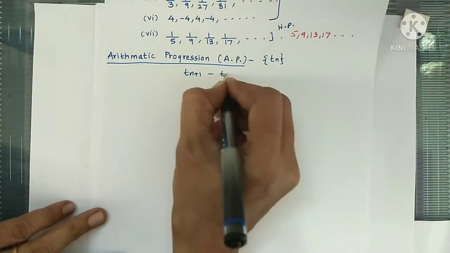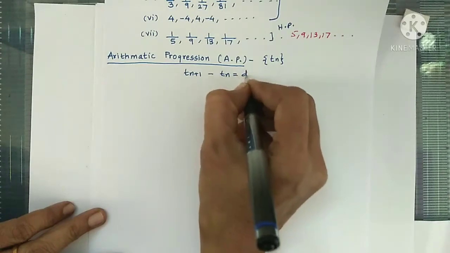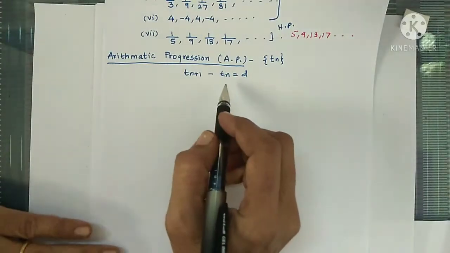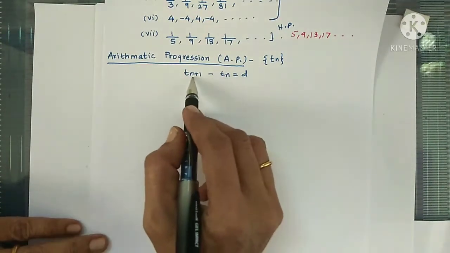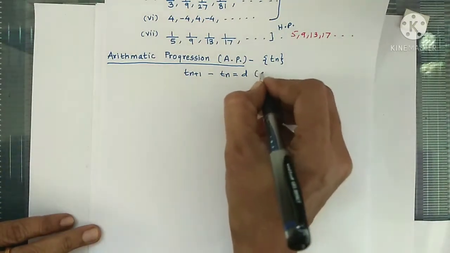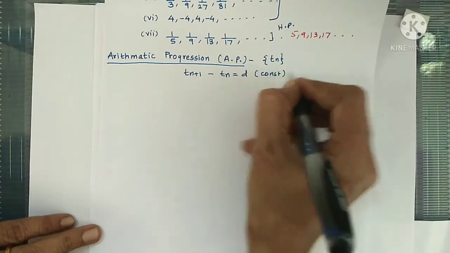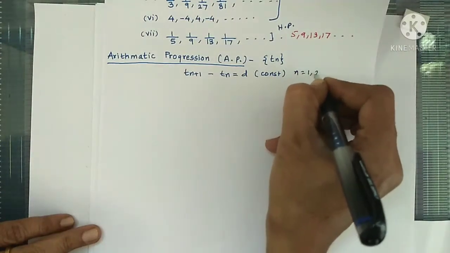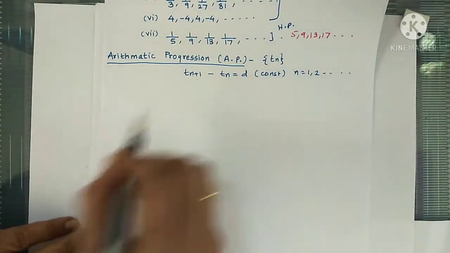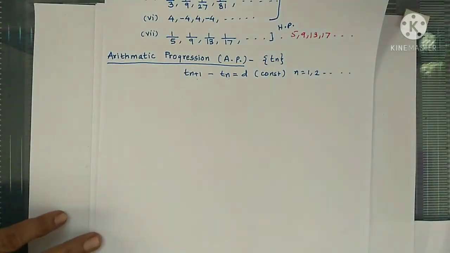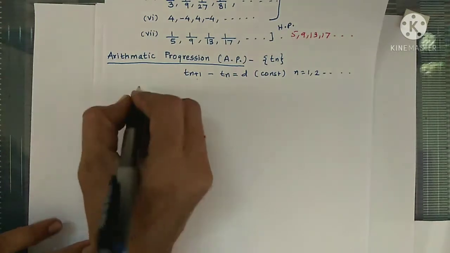Tn plus 1 minus Tn: if we take the difference of two consecutive terms, here it is the nth term and the next term is the n plus 1th term. It is constant for all n equal to 1, 2, and so on. That means T2 minus T1, T3 minus T2, and so on. The difference is constant, so that is arithmetic progression.